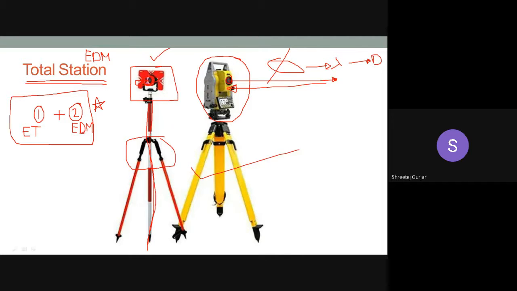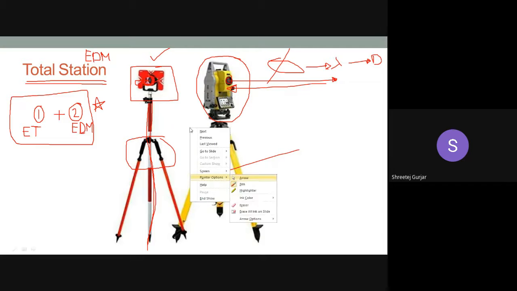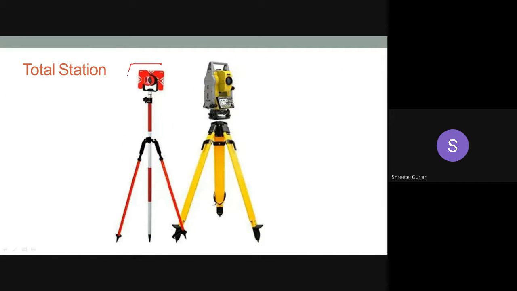Wherever you place this target staff or this reflector, the place where you position it, the ground position, wherever you take the readings of this target staff, at that location the ground coordinates are obtained. Ground coordinates in the sense x, y, and z.